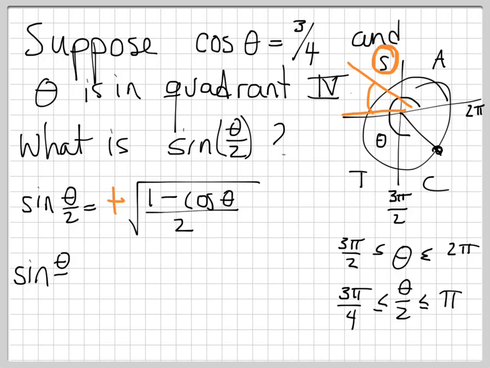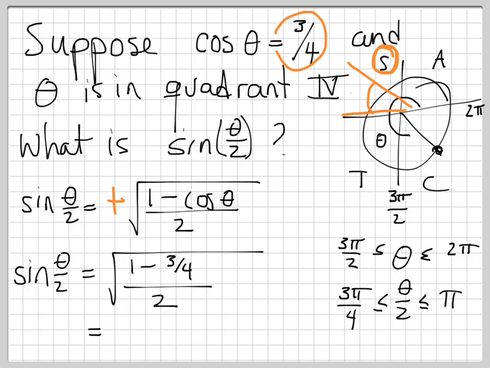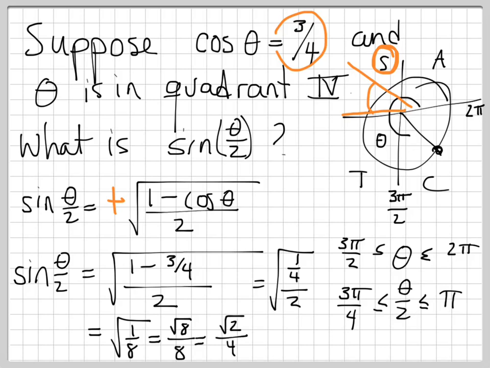Sine of theta over 2 is the square root of (1 minus 3/4) over 2, and the reason I use 3/4 is because that's what cosine of theta is. And so we get 1/4 over 2, which is the square root of 1/8, which is radical 8 over 8, which is radical 2 over 4.